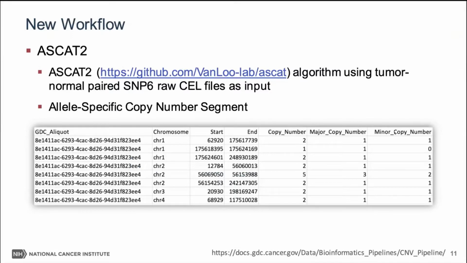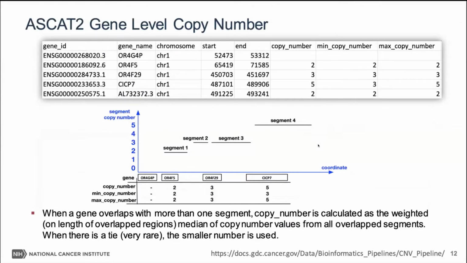Okay, and I also mentioned there is a gene level copy number generated out of this algorithm. It's as simple as overlaying the gene regions onto the segment regions and checking what copy number this gene region inherits from the segment. There are a few caveats.